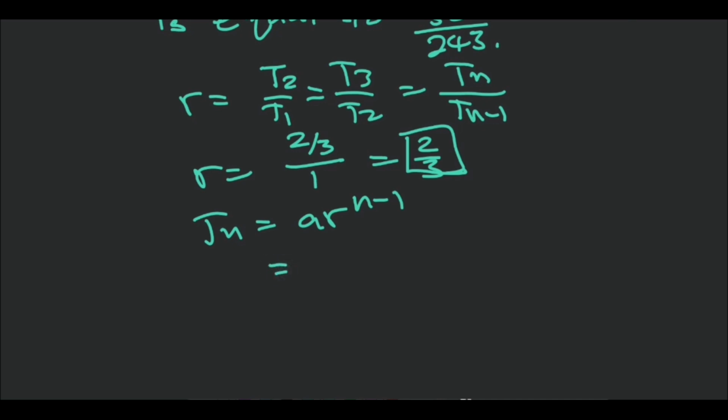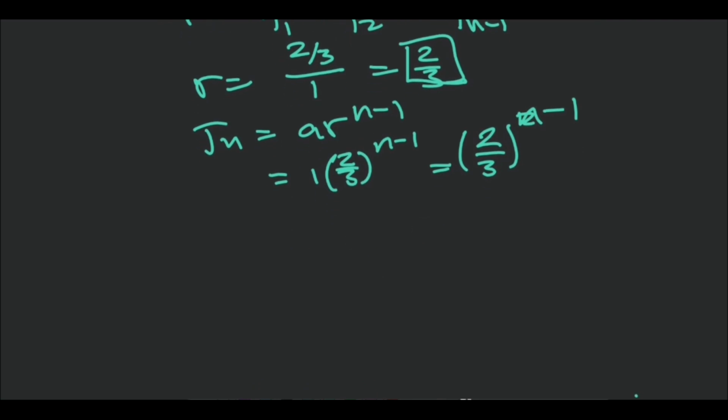Our A in this case is 1, and our R is 2 over 3, so our general term is 2 over 3 to the power n minus 1.